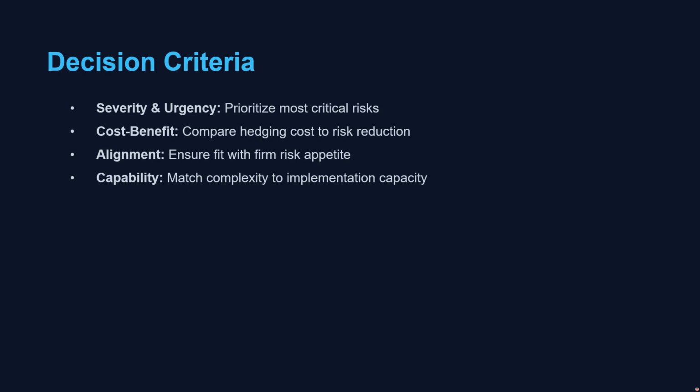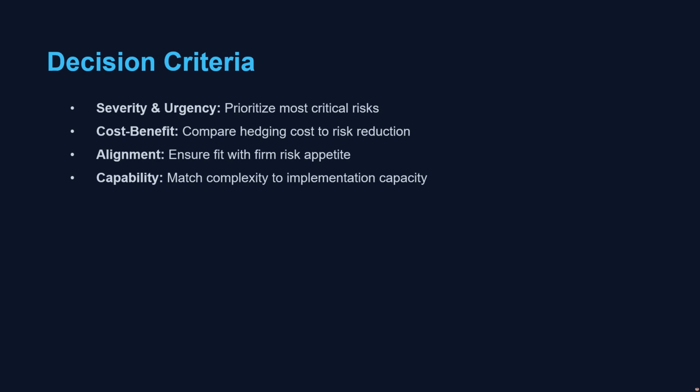The point is not that every problem will require calculation, but that firms need a way to compare reward with capital at risk. The third criterion is alignment. A strategy might be profitable but still inconsistent with the firm's stated risk appetite. The fourth criterion is capability.